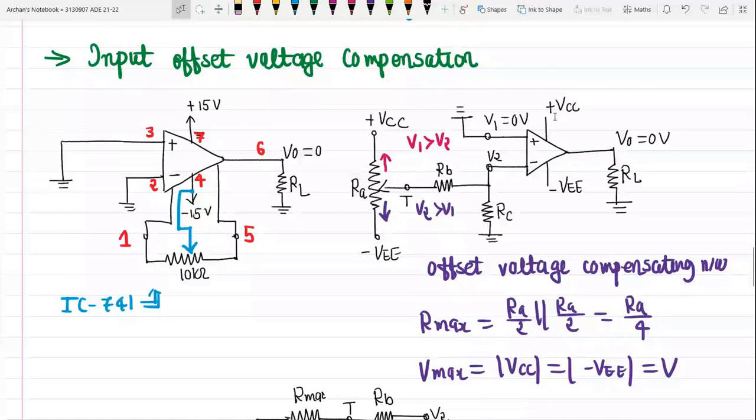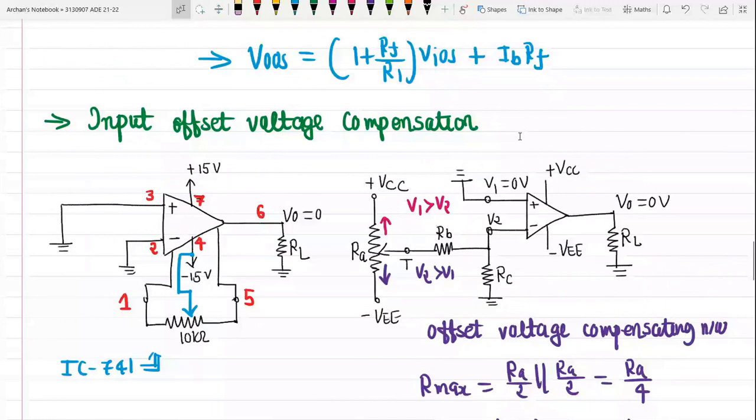So in the next lecture, we will cover the design steps for closed loop configurations and see how we compensate the offset voltage. So we shall stop here. In the next lecture, we will continue with the compensation for closed loop op amp configuration, and then move on to input bias current compensation.